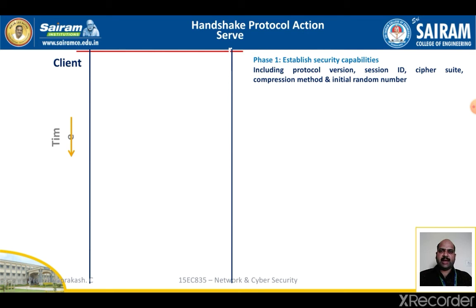And the session ID, a variable length session identifier. A non-zero value indicates that the client wishes to update the parameters of an existing connection or to create a new connection on this session. A zero value indicates that the client wishes to establish a new connection on a new session.